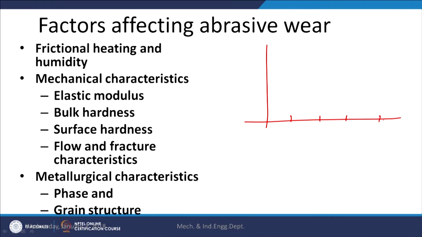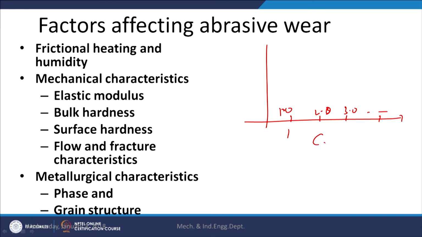In general, as far as the type of phase is concerned, in the simple iron carbon system, we have increasing percentage of carbon like 1, 2, 3, etc. Increasing this will increase the fraction of cementite.